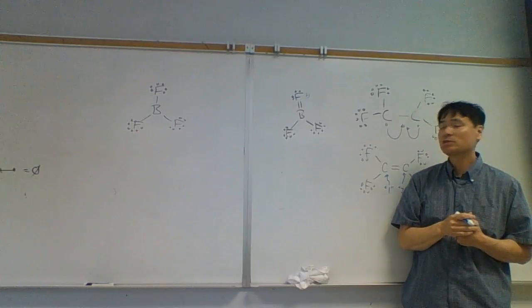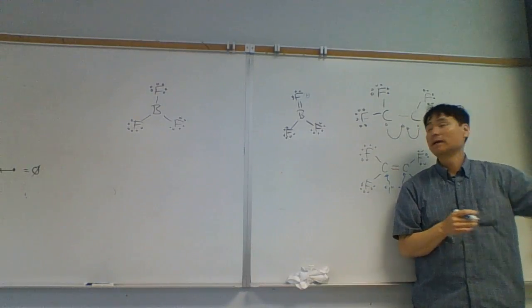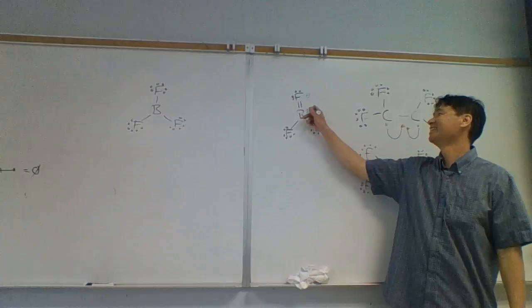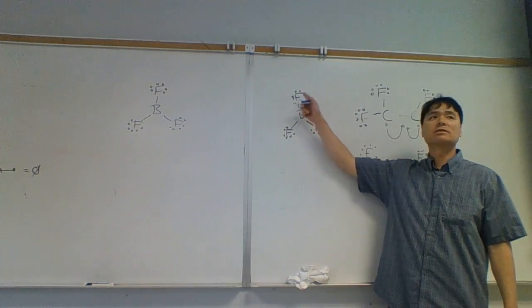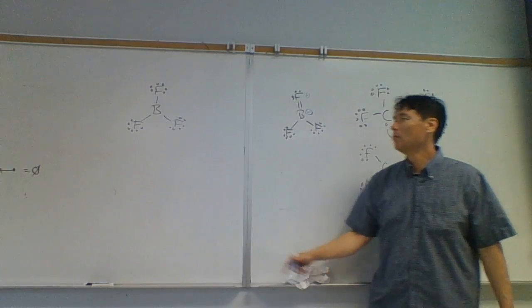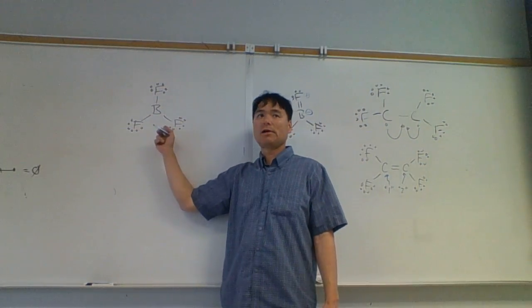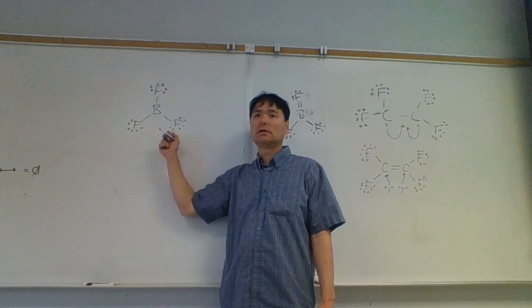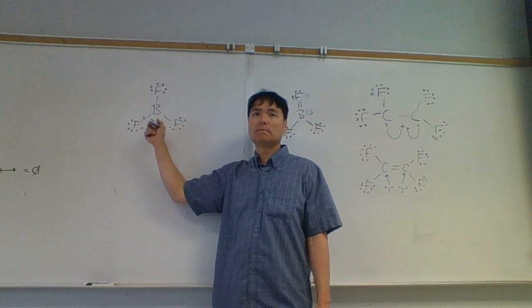It has 4. It's supposed to have 3, so it has an extra 1. The sum of the formal charges is equal to the net charge, which is 0. What are the formal charges here? All zeros. You see that?